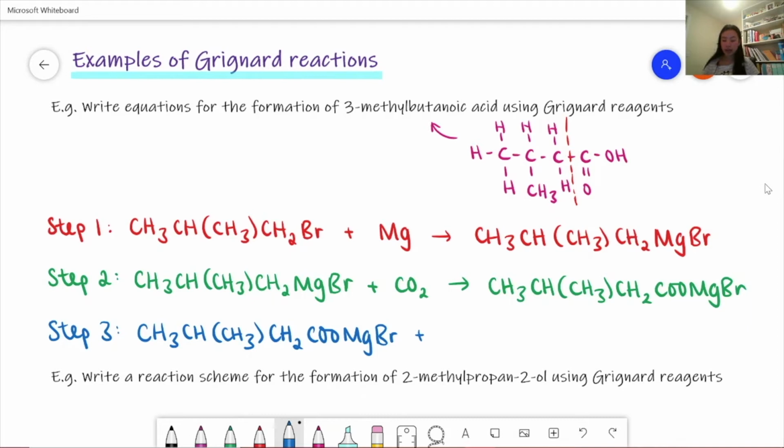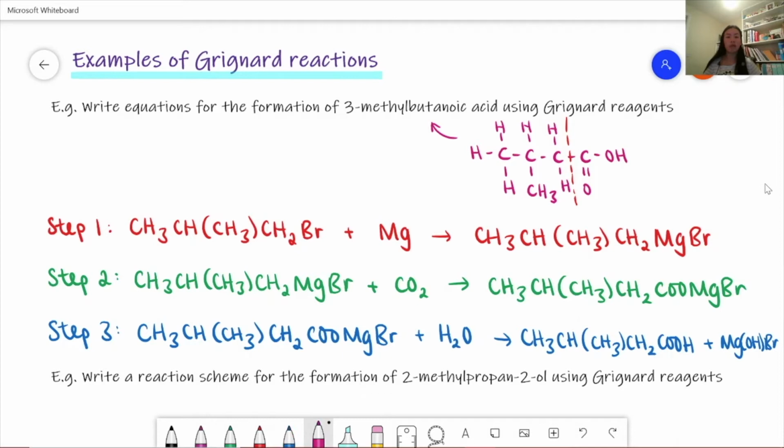So we actually write this as adding some H2O, so we're adding dilute acid, and so we can form CH3, CH, CH3, CH2, COOH, and also MgOH, and then Br. So this is always what we go through. In the second step, we always form MgBr at the end instead of what we actually want. And so the 3-methyl butanoic acid is formed in step 3.